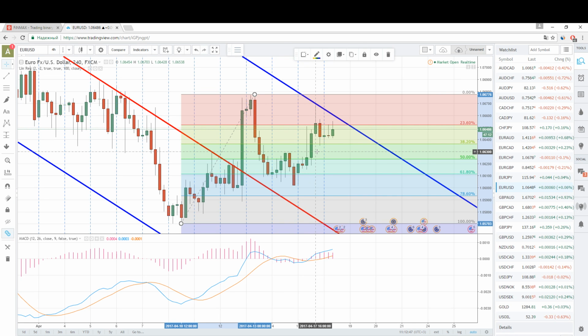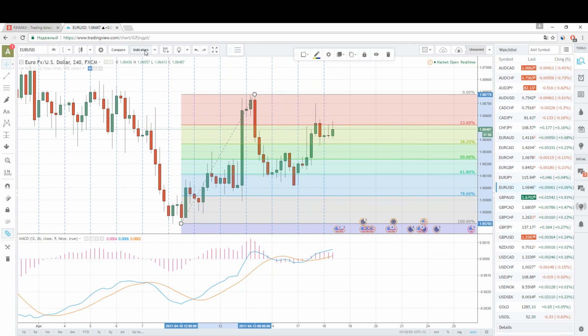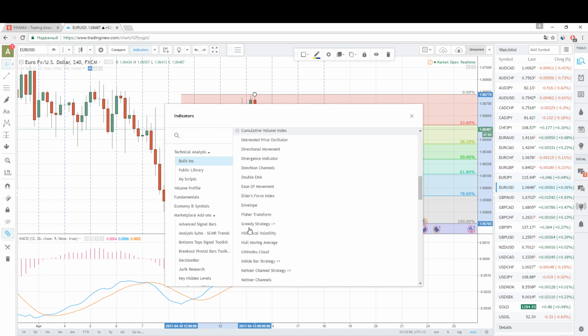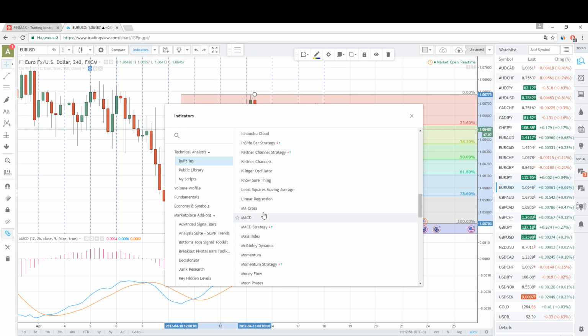And besides, what else? Let's close this indicator for now. Let's add the moving average. We were talking about it the previous time.